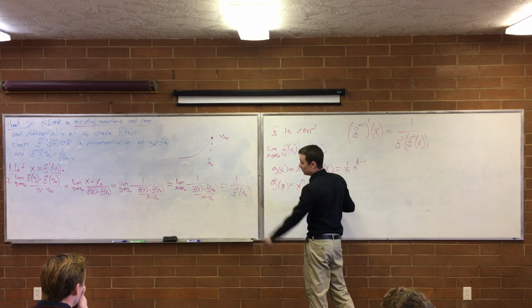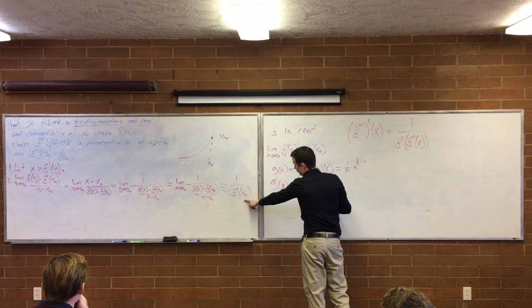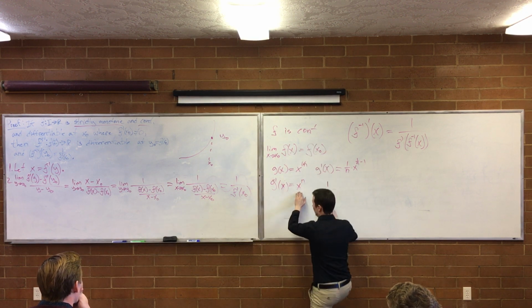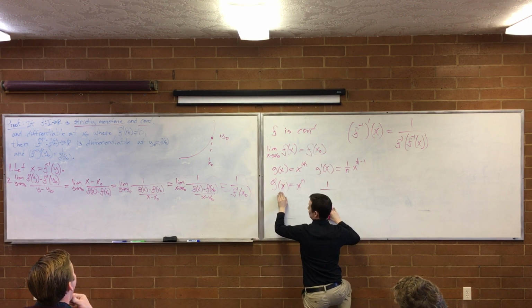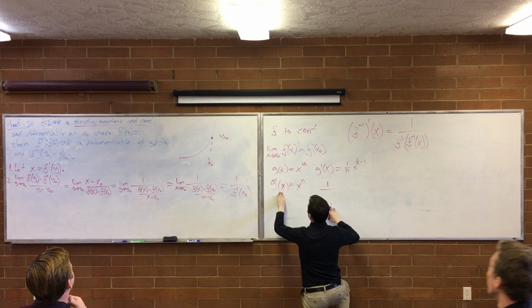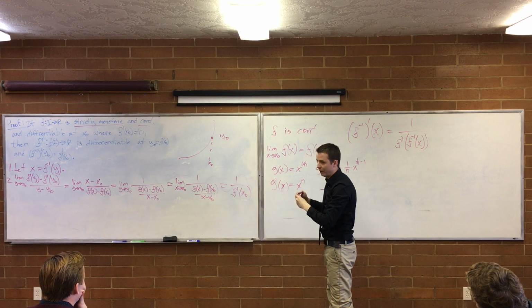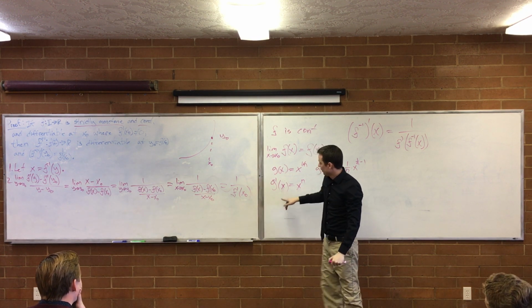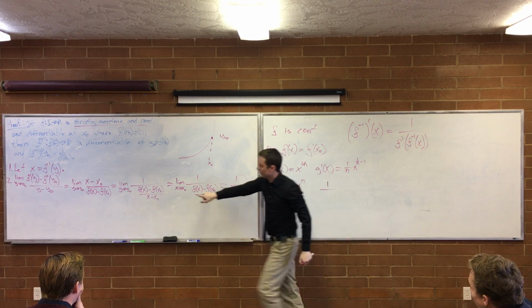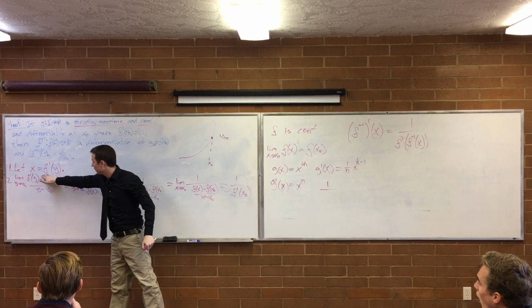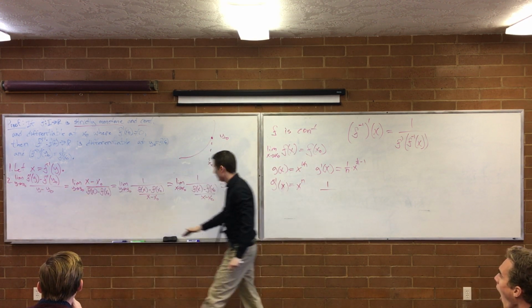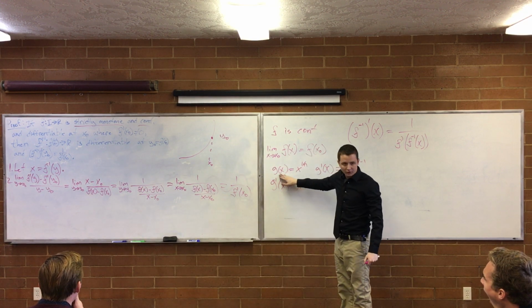So now, using this, what do we get? What's the derivative of this now? N to the x minus 1. I think I'm confusing you with how I have the inverse written here. This is the inverse of what we were finding the derivative of.